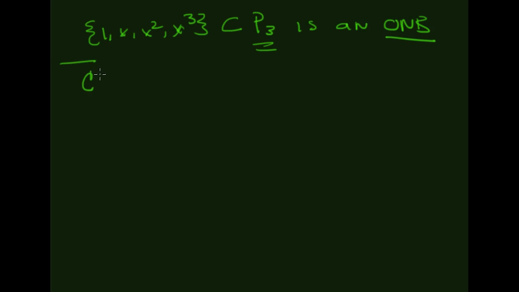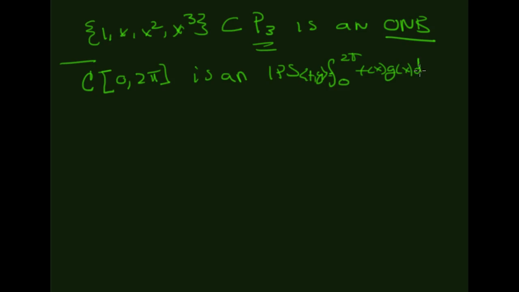We also acknowledge that C, the continuous functions from 0 to 2 pi, is an inner product space where the integral from 0 to 2 pi of f of x times g of x dx is the established standard inner product for this space, right?